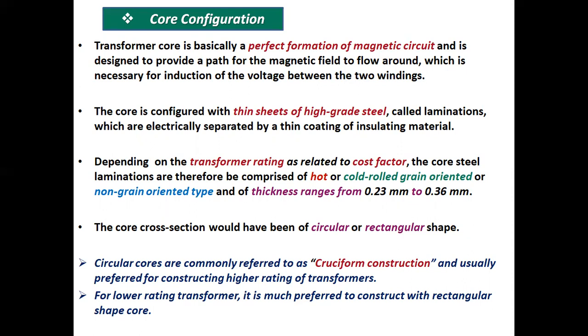The core section would be of circular or rectangular shape. Circular cores are commonly referred to as cruciform construction and usually preferred for constructing higher rating transformers. For lower rating transformers, it is much preferred to construct with rectangular shape core.